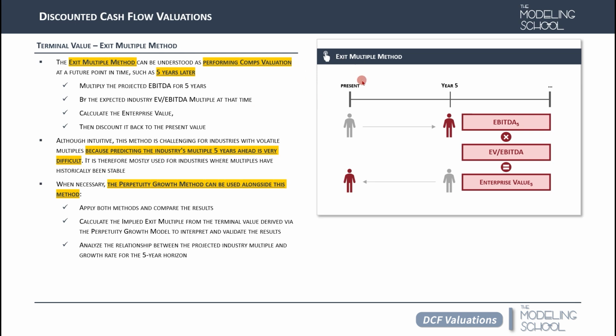Of course, if any part of this seems unclear, I will be preparing additional content in Microsoft Excel in the future to cover the exit multiple method, just for better clarity. It's a much simpler concept, but I think explaining this solely in words and via PowerPoint is not sufficient.